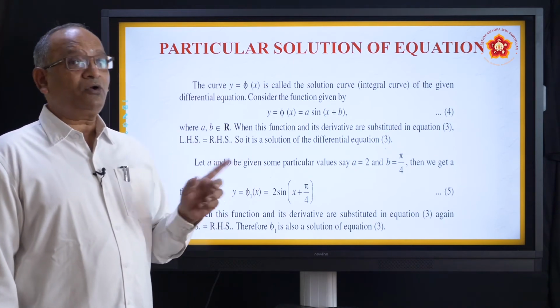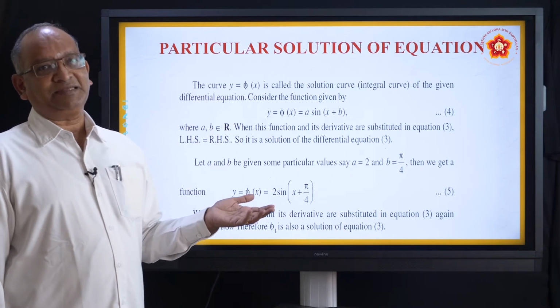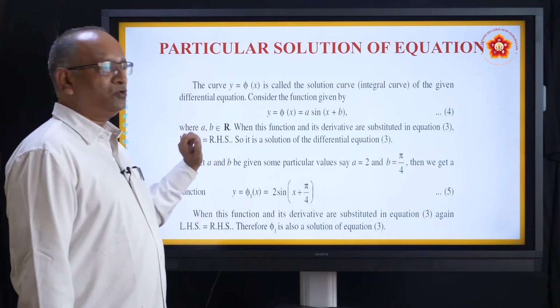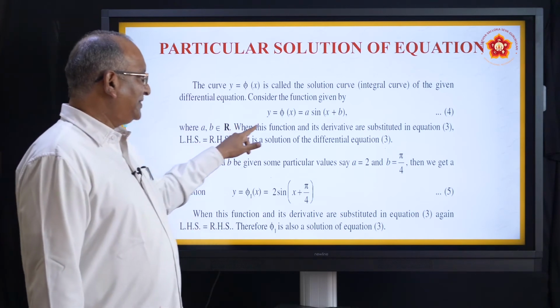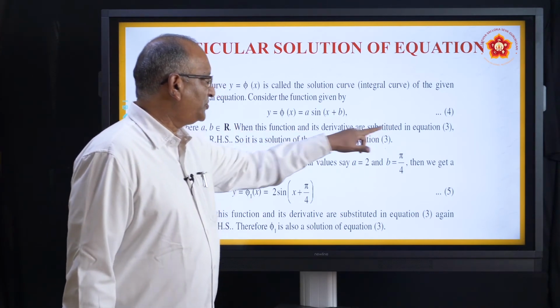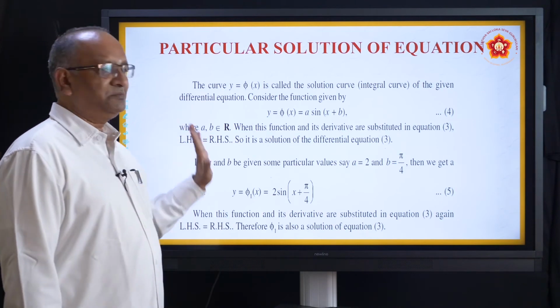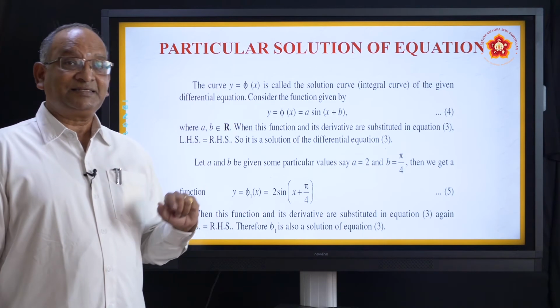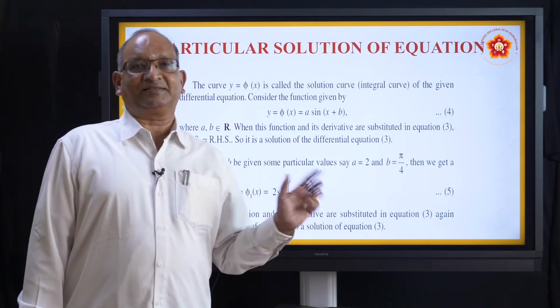But remember, you are not going to get a number like in algebraic or trigonometric equations, where a and b belong to R, means they are real numbers. When this function and its derivative are substituted in equation 3, left hand side becomes right hand side. He is telling us how to verify. See, there we were substituting the value of x and y.